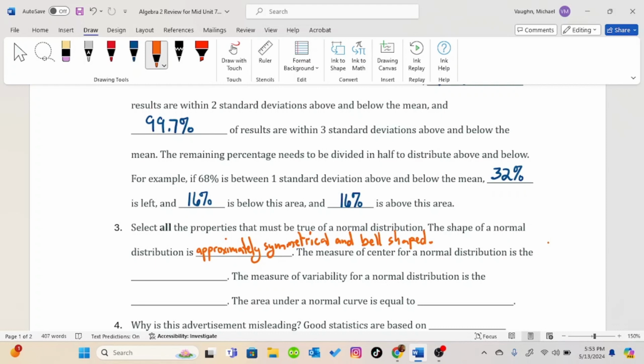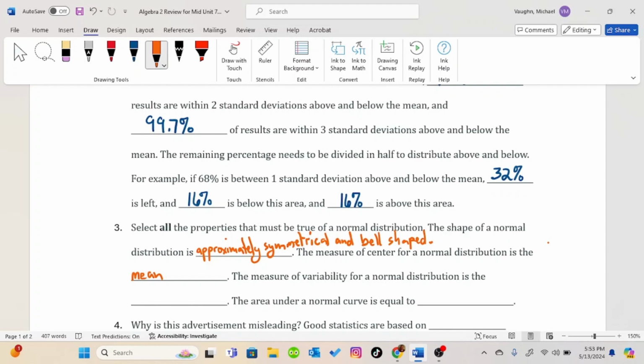The measure of center for a normal distribution is the mean. The mean is your average, and it is located at the peak of the bell.